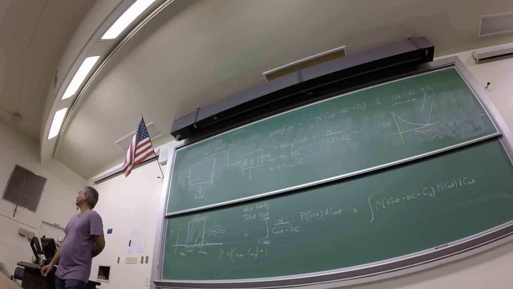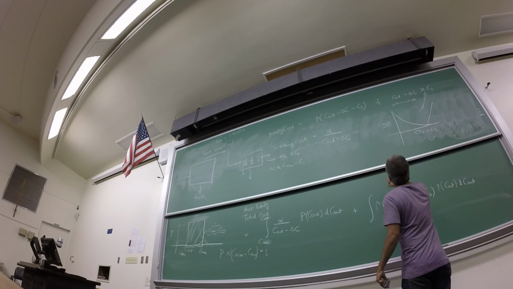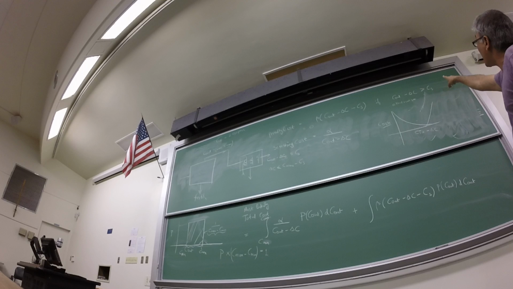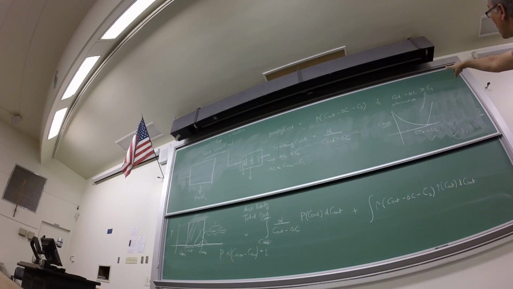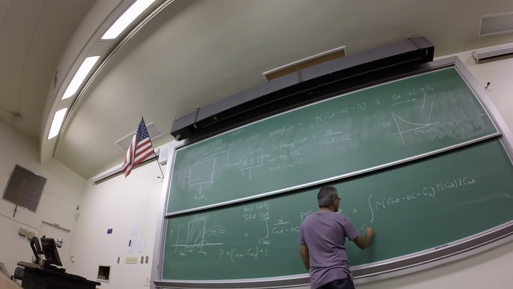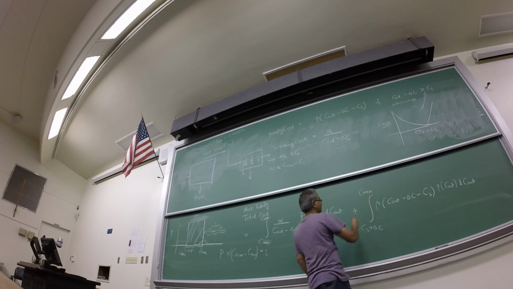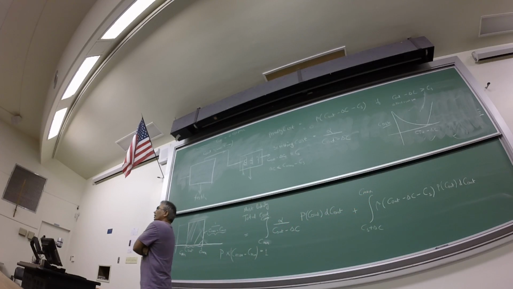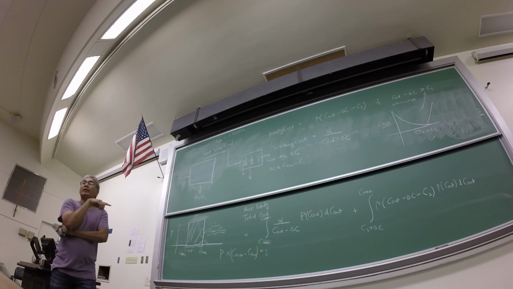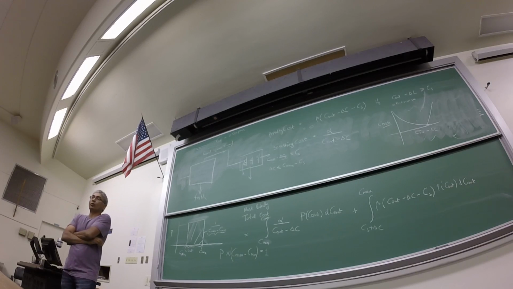In principle, you're right, but we already said that this penalty function is 0 unless C out minus delta C is greater than C save. So C out must be greater than C save plus delta C. So you only have to integrate from C save plus delta C to C max, because otherwise the penalty is 0, so you don't have to count that region. So this is the total cost, the most likely total cost.